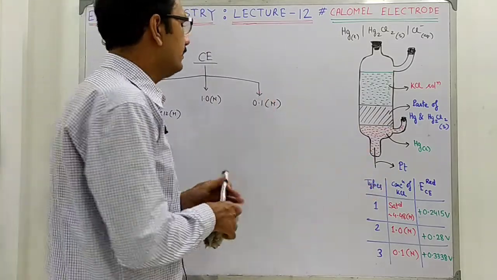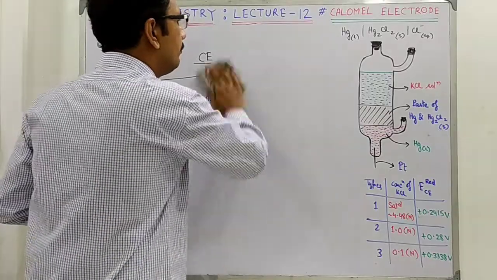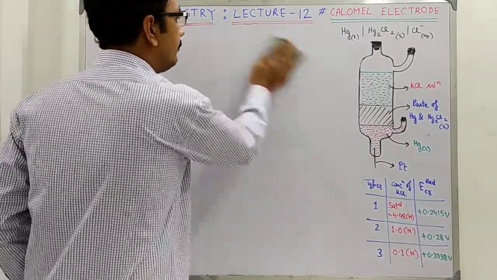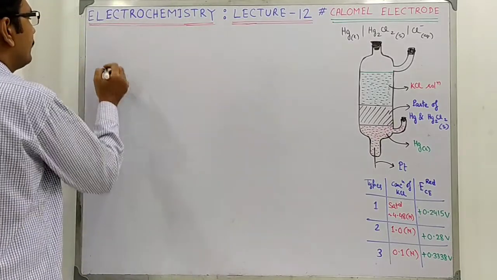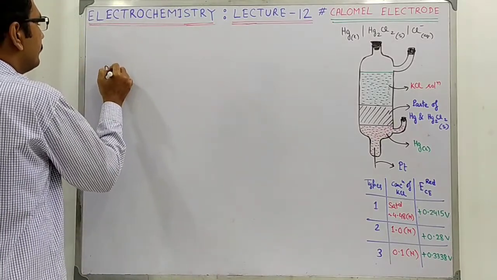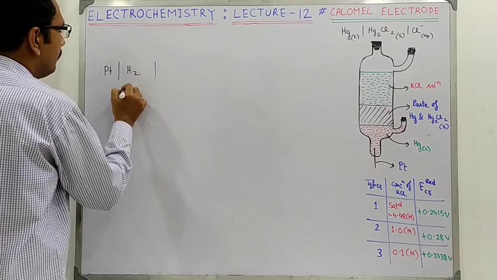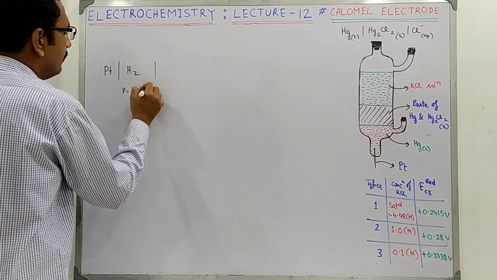To get ready with this reference electrode, first of all you have to connect it with a SHE. This is the SHE. You have to maintain here a pressure of 1 atm.